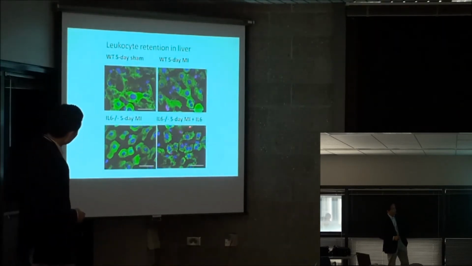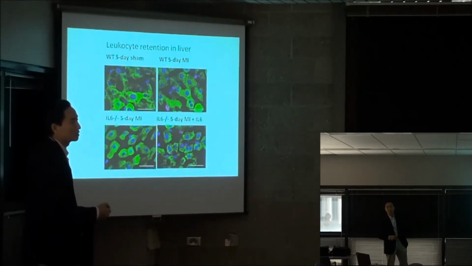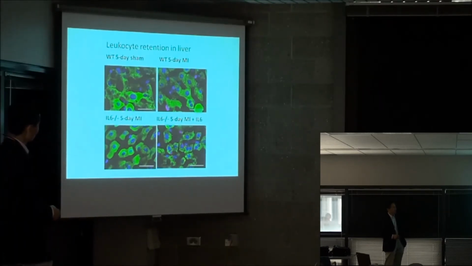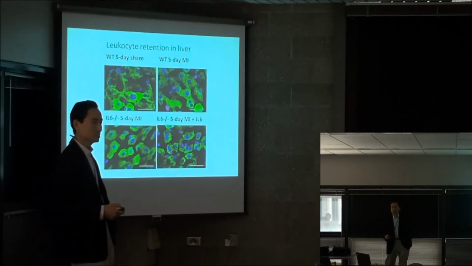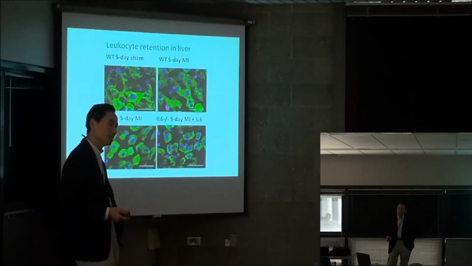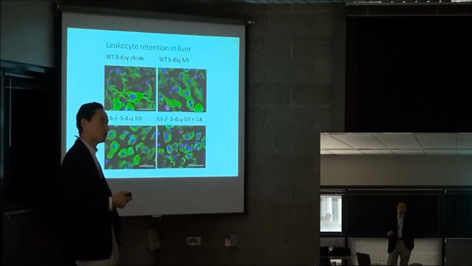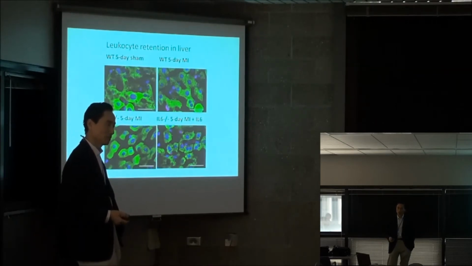But if you inject recombinant mouse IL-6 protein into the circulation of IL-6 knockout mice, leukocyte retention will appear. So this suggests that interleukin-6 activates leukocytes, and leukocytes are retained within the liver post myocardial infarction.